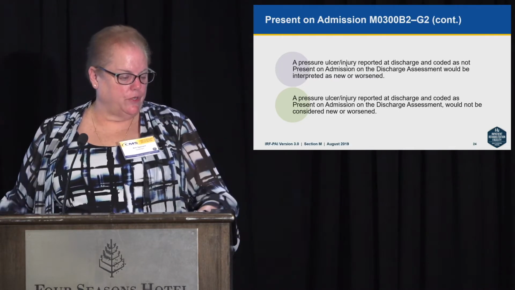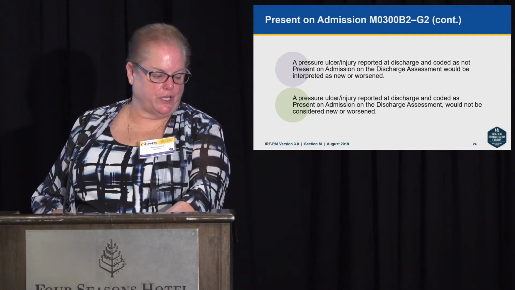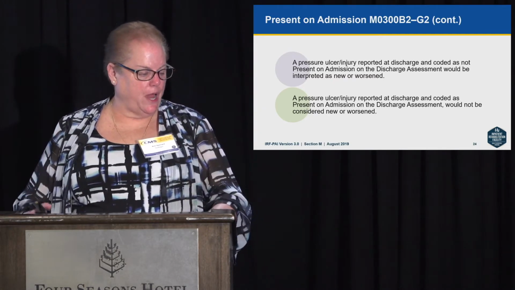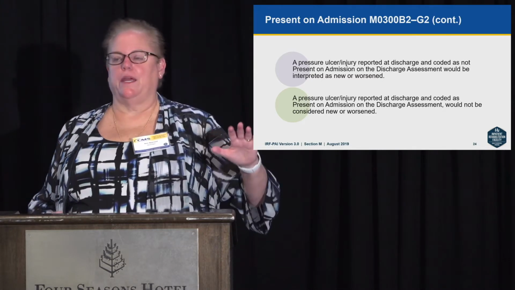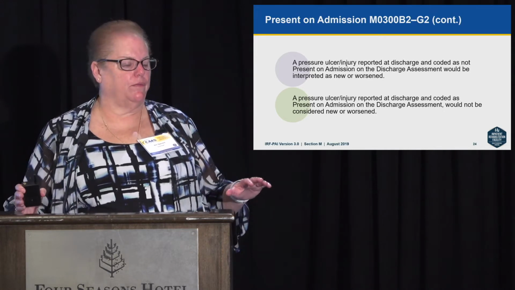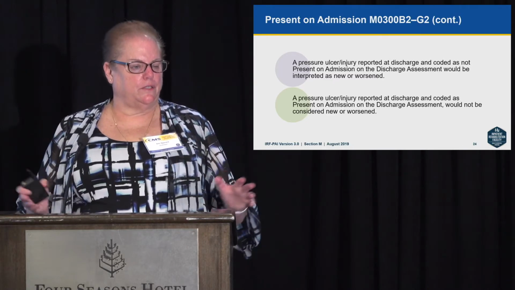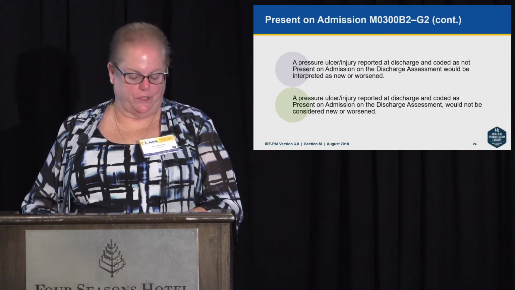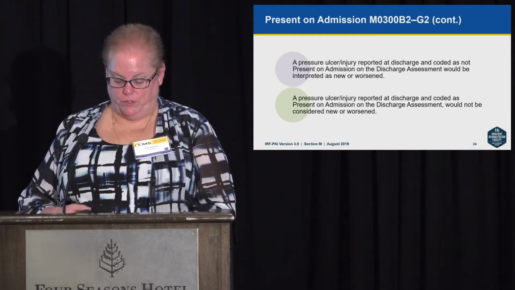A pressure ulcer or injury reported at discharge and coded as present on admission on the discharge assessment at the same stage would not be considered new or worsened. So if I had a stage 3 on my right hip and I went through my stay and I still have that stage 3 on my right hip, it's not covered in slough or eschar, and I can code it, it's considered that it was there on admission, and so it is not considered to be new or worsened.